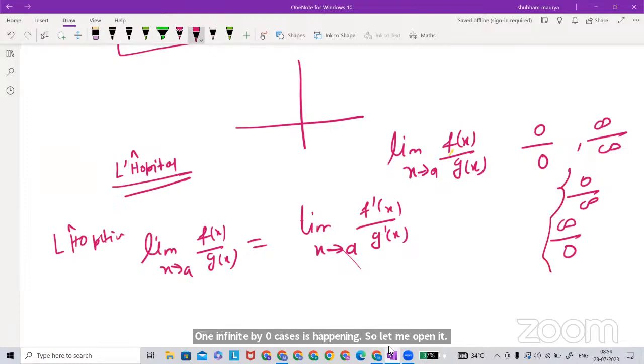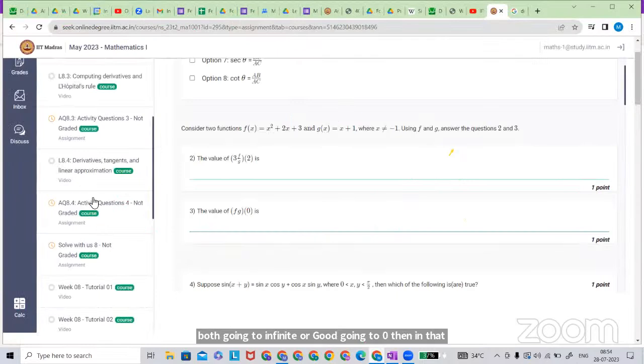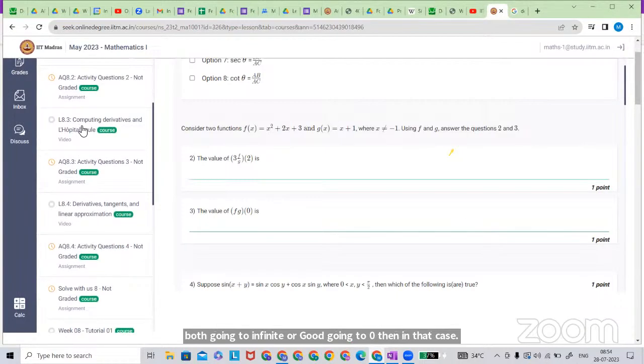Sir said if both go to infinity or both go to 0, then it applies. Let me open it once.